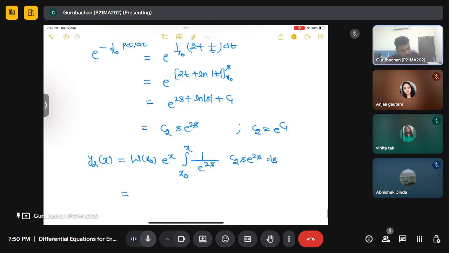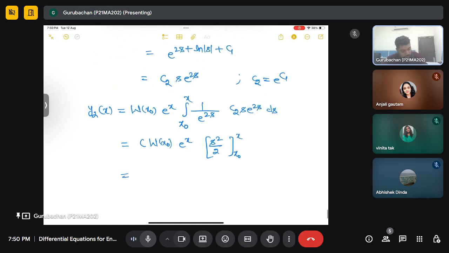So this will be c times w at x naught, e to the power x, e to the power 2s will cancel out. This will be s square by 2 from x naught to x.